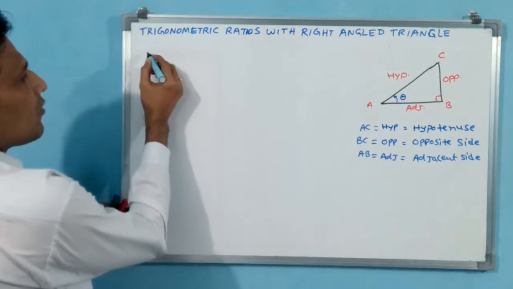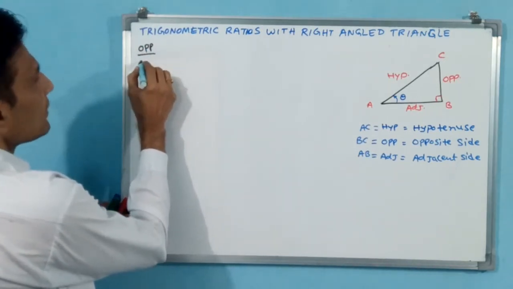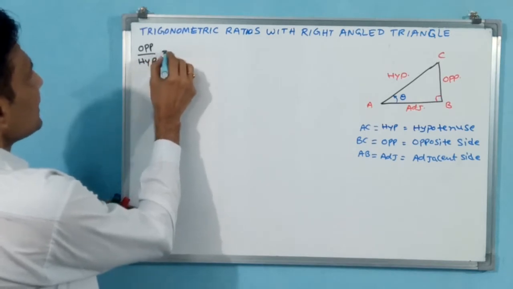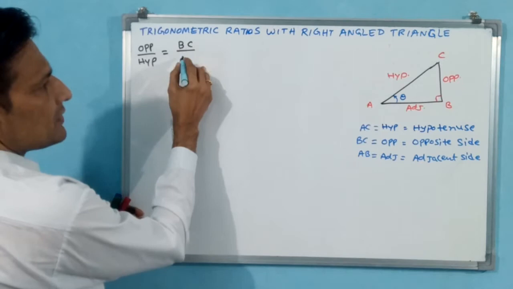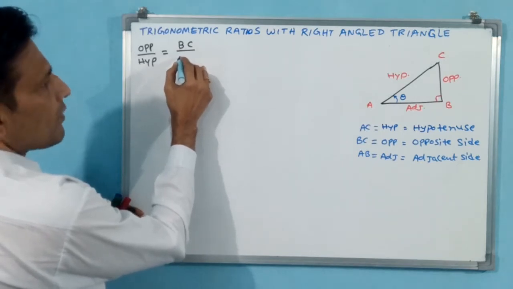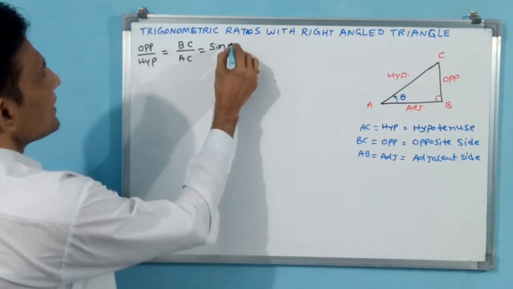Opposite side by hypotenuse, opposite side is BC, hypotenuse is AC, that is equal to sin theta.